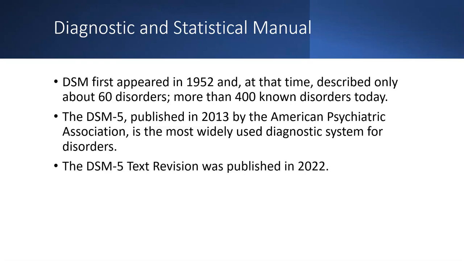The text revision came out in 2022, and what usually happens is you have a version of the DSM. So the DSM-5 came out in 2013. As soon as it's put into practice, because insurance reimburses based on diagnostic codes.